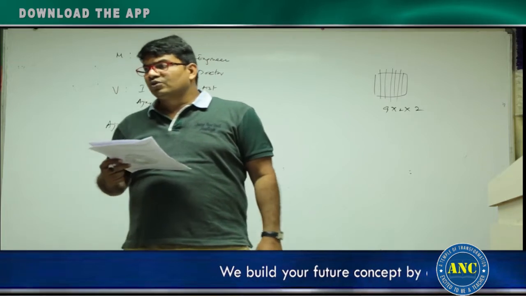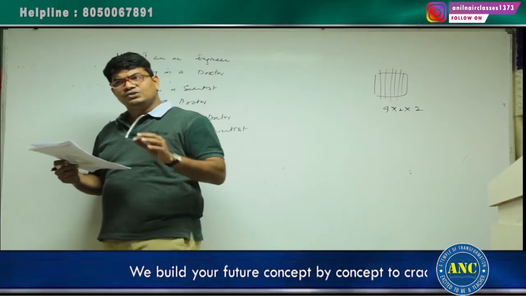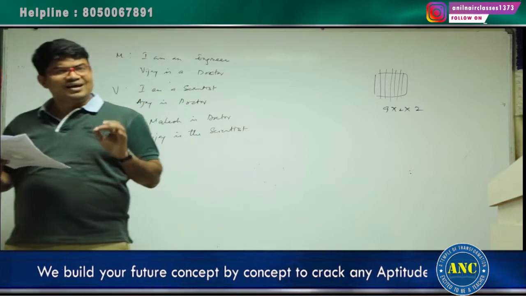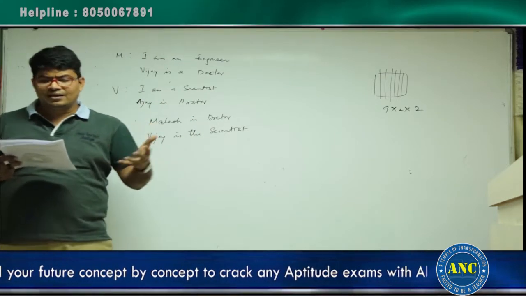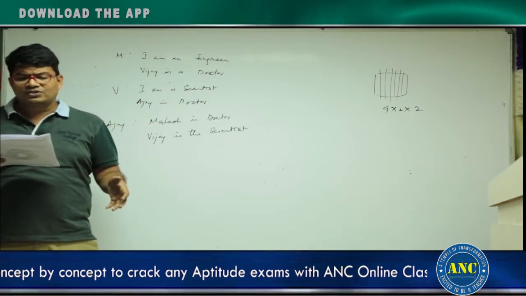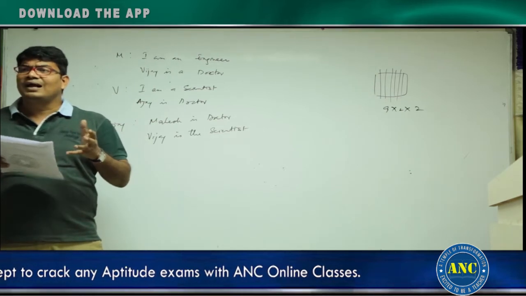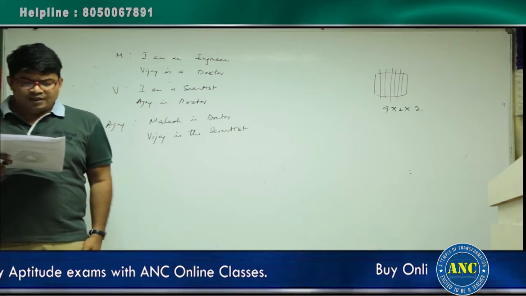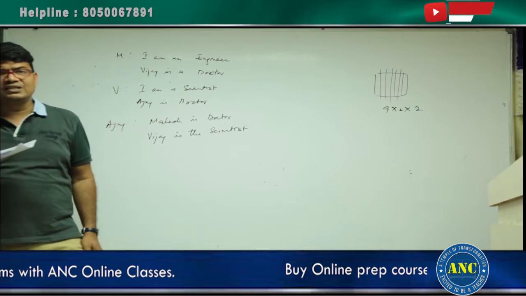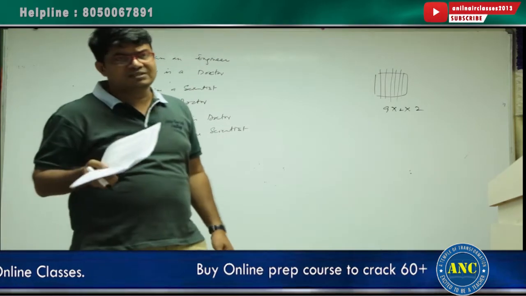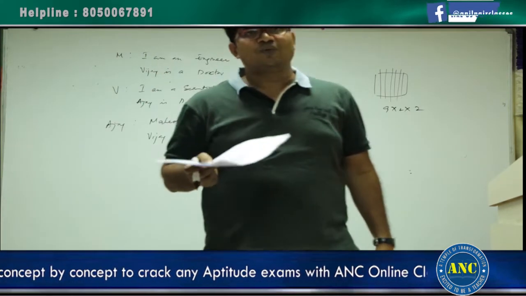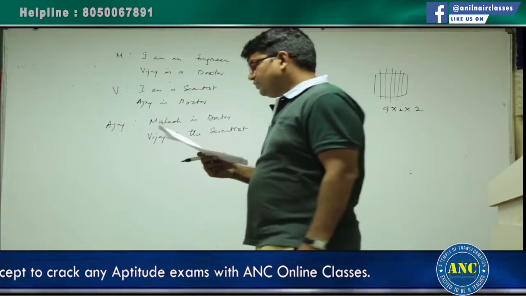So there's one guy who's always a true teller, the second one is a liar, and the third one always alternates between truth and lie, in any order. So you don't know whether the first statement is true or the second is a lie, but one is true and one is false.